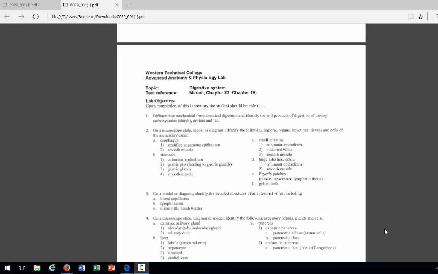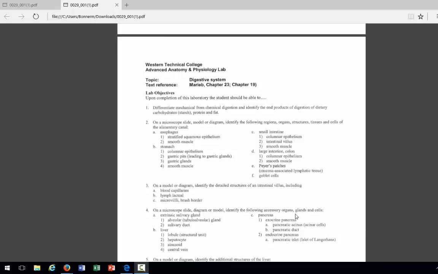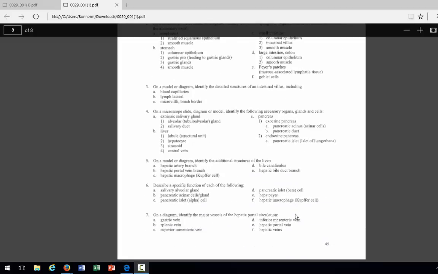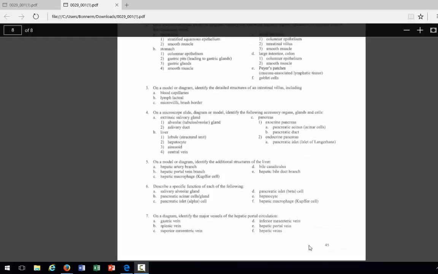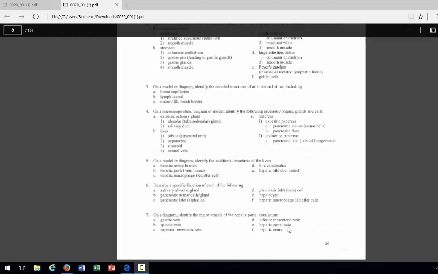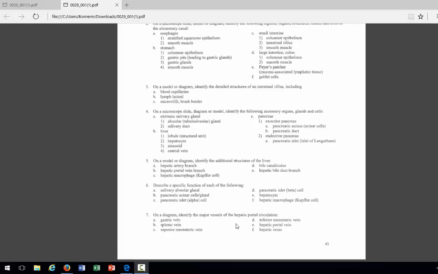We're going to look at the different tissues that we see throughout the digestive tract, starting at the esophagus, ending with the large intestine, and then looking at the blood supply that goes to the digestive tract, and looking at some of the accessory organs like the pancreas, the liver, the salivary glands that aid in digestion, and then looking at specific parts of the hepatic portal circulation, which involves the liver.